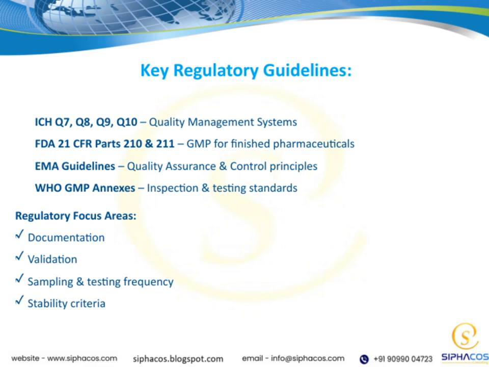Lastly, stability criteria help us understand how products behave over time, ensuring they remain safe and effective throughout their shelf life. All these guidelines and focus areas are interconnected and aligned with our overall goal: to uphold the highest standards of quality and safety in our pharmaceutical products.